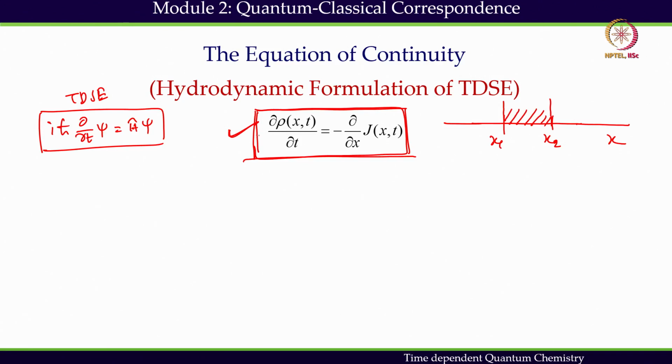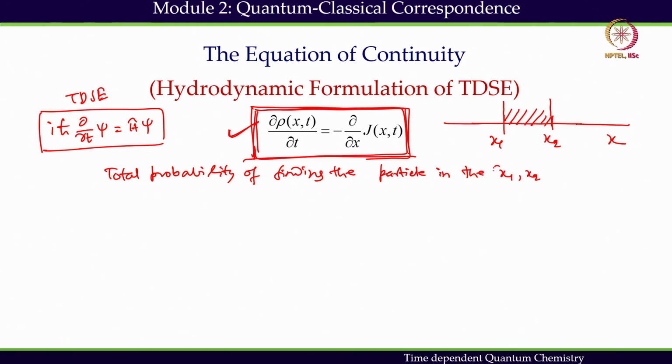Now we will try to understand the meaning of this equation, and it can be easily clarified if we consider this finite space between x1 and x2. Then we can find the total probability of finding the particle in the x1 x2 space, and that is called local probability.